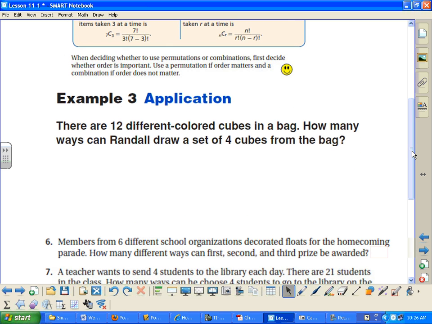So example 3, there are 12 different colored cubes in a bag. How many ways can Randall draw a set of 4 cubes from the bag? Does it mention any order about how he's going to take those 4 cubes? No. So order does not matter, which means this is a combination.